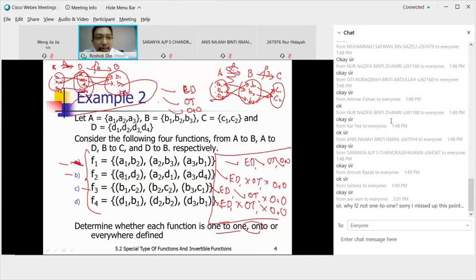But here we have 3 and we utilize it, but for this we do not utilize. In order to make sure F3 is one-to-one, we need to add one more in A. It means they must have their pair. If here is 4, here must also be 4. Here 3 and here 4 cannot be one-to-one.